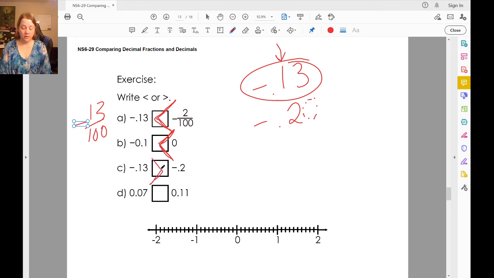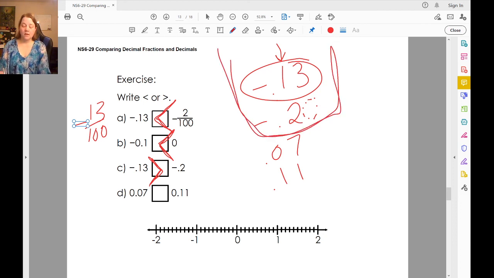So negative 0.13 is correct. For the last one, we have 0.07, 0.11. Comparing these, 1 is bigger than 0, and they're both positive. So we would go with 11 hundredths instead of 7 hundredths.